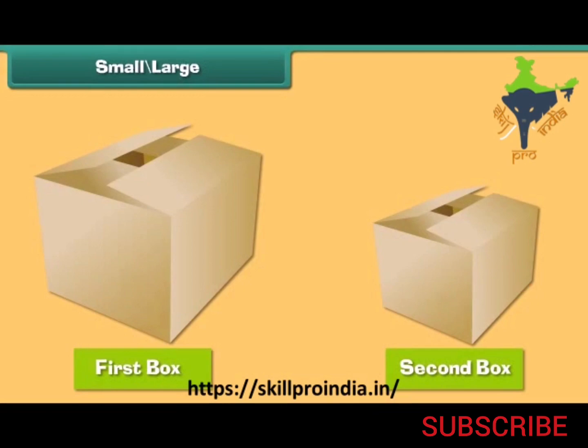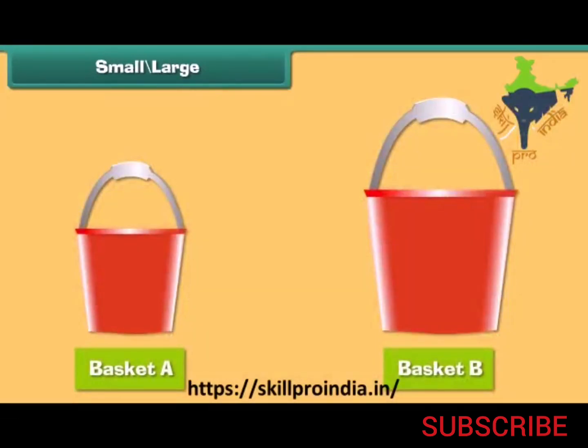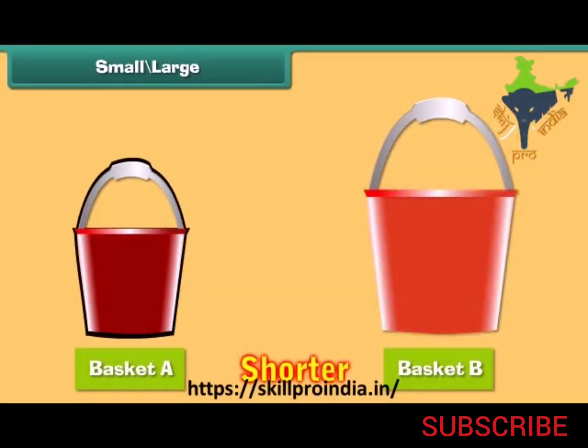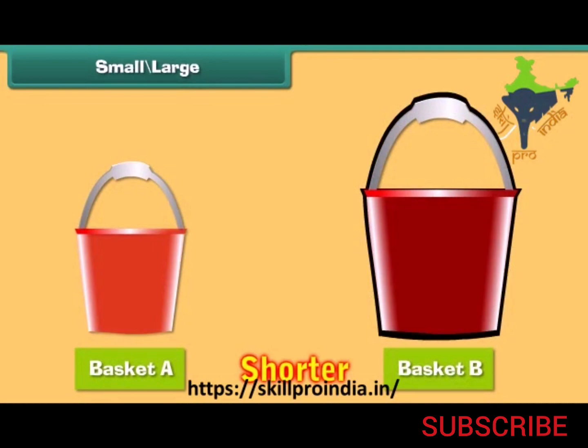When the 2 things are not of same size, we compare them. We use word small with the object which looks shorter and the word big with the object which is large. Basket A is shorter than basket B.